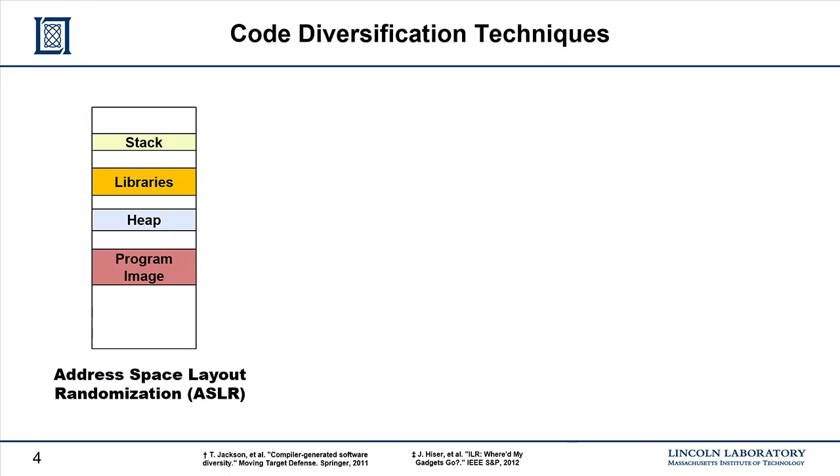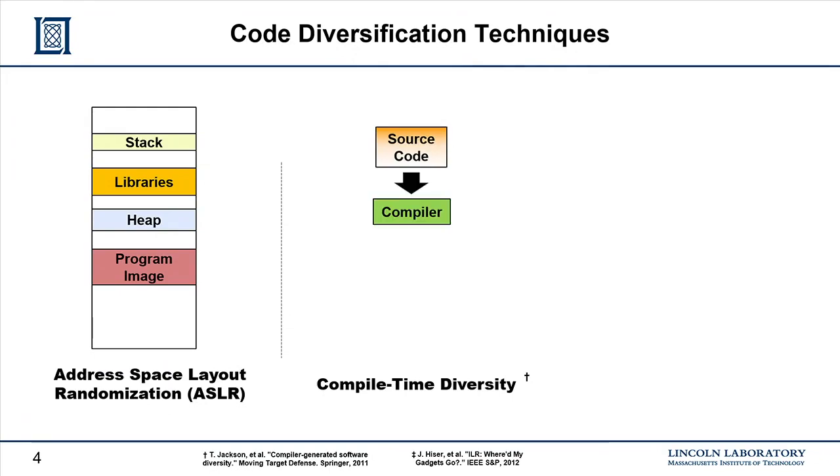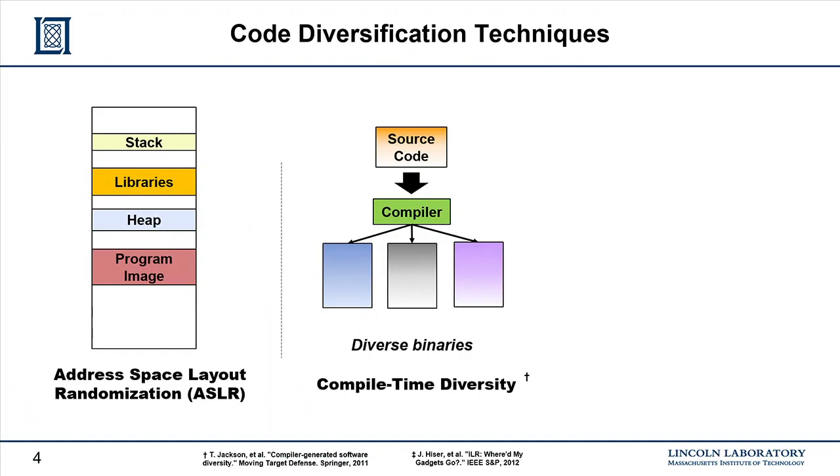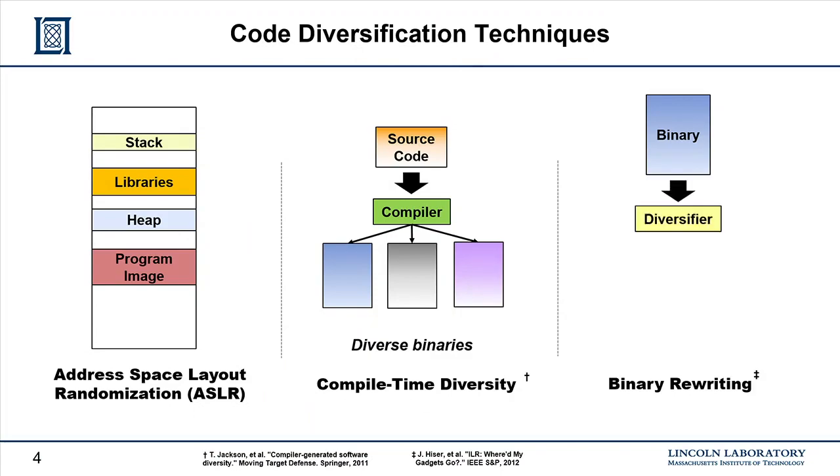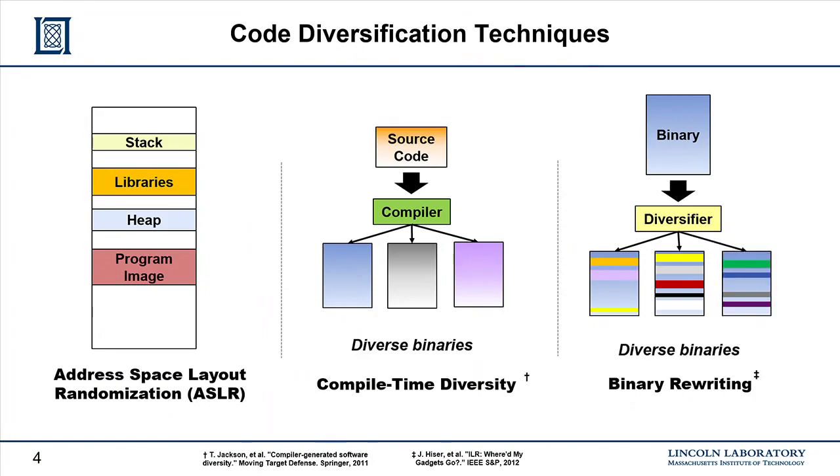There are other techniques, for example, compiler-based diversity techniques that take a source code and create a diverse set of binaries from the same source code so that the binaries don't look alike. And there are also runtime randomization techniques that take a binary, run it through a diversifier, and create a diverse set of binaries by replacing certain segments of the code with equivalent but different instructions.